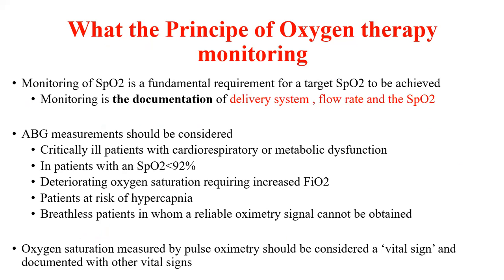What are the principles of oxygen therapy monitoring? You have to understand that when you are monitoring oxygen therapy, you have to consider it like other vital signs. And when you are documenting the oxygen therapy target or effectiveness, you have to consider also the delivery system, the flow rate you are giving, and the SpO2 you are reading.